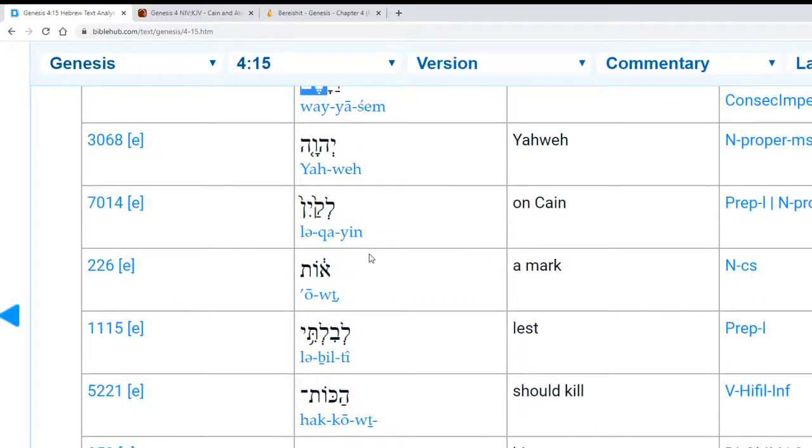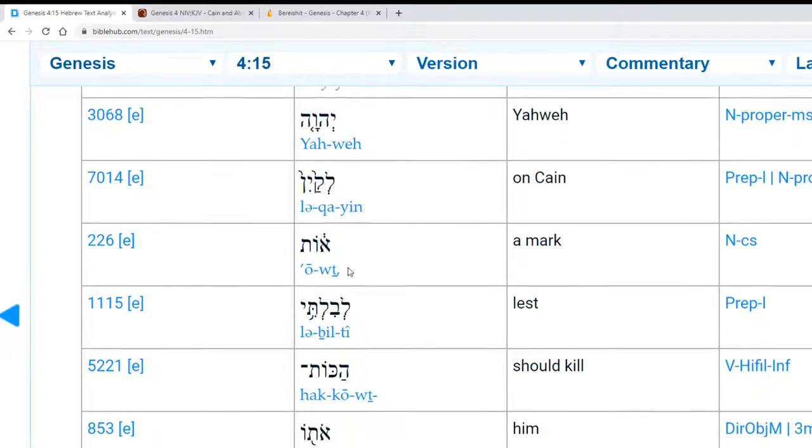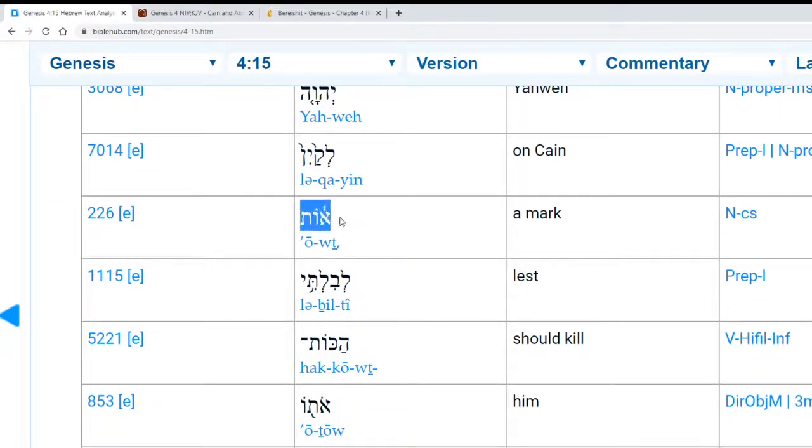Havaya, tetragrammaton, lekain, to Cain. Ot, so this may be the first time we've had ot. It means a mark. We had ot before when we talked about the Sabbath.